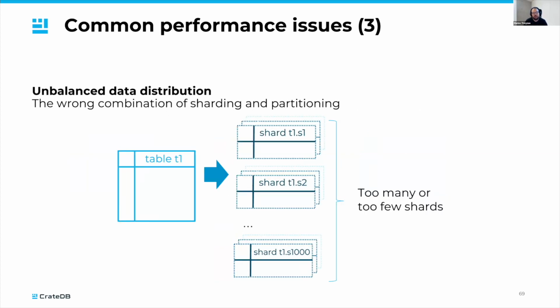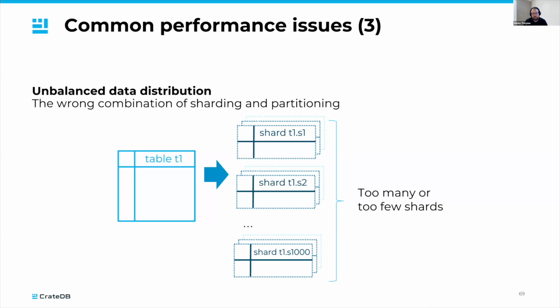Another thing would be to have a bad data distribution, so to have it unbalanced. That can be to have a bad partitioning scheme. For example, because partitioning mostly is used with the concept of timing.